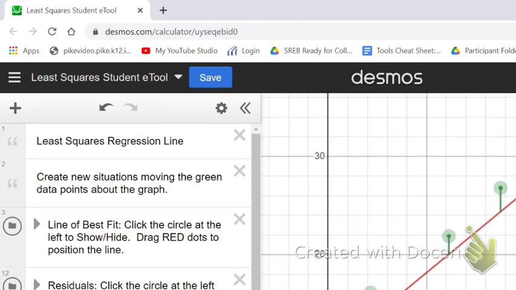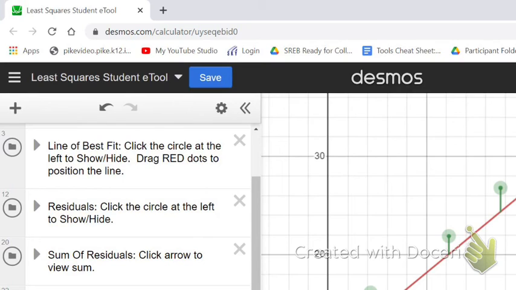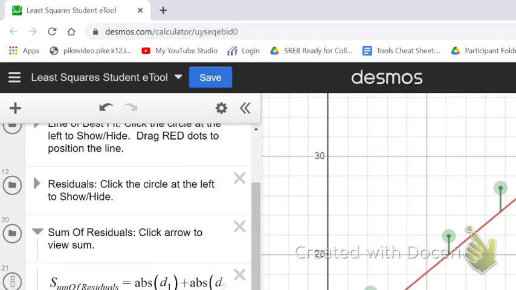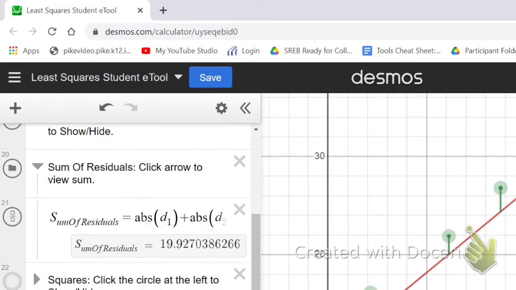So what I can do is show the sum of my residuals. If I look at the sum of my residuals, it's at about 19.9. If I move that around, that value is going to change. But as I'm looking at the sum of my residuals, it's taking everything that's a positive and everything that's a negative and combining it.